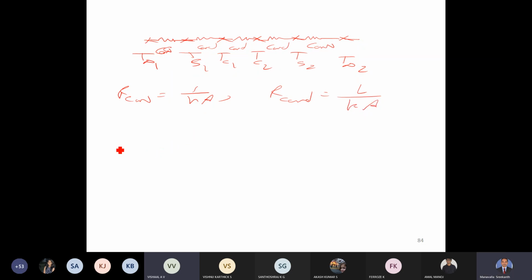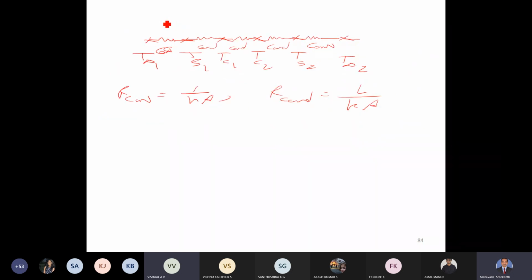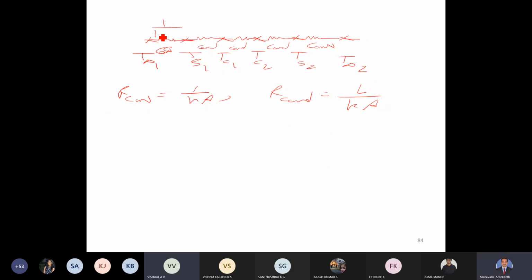So this convective resistance will be 1 by HA. A is 5 meters square, and H is 10, so 1 by 10 into 5.